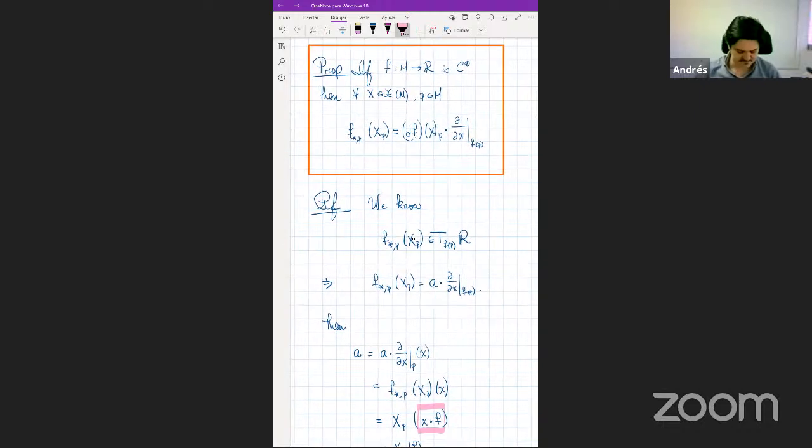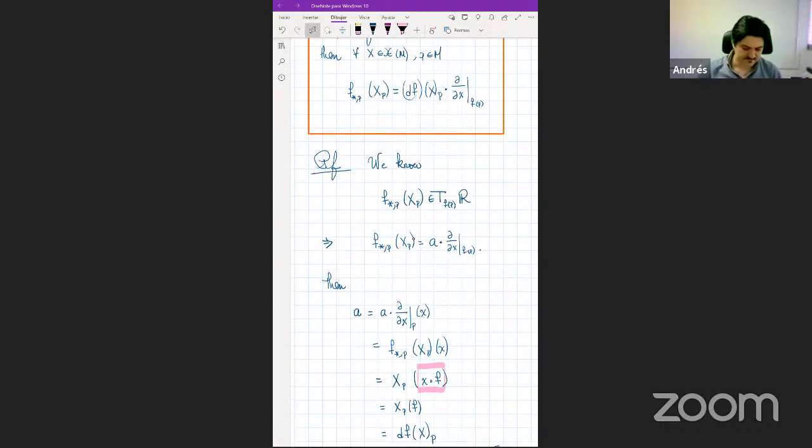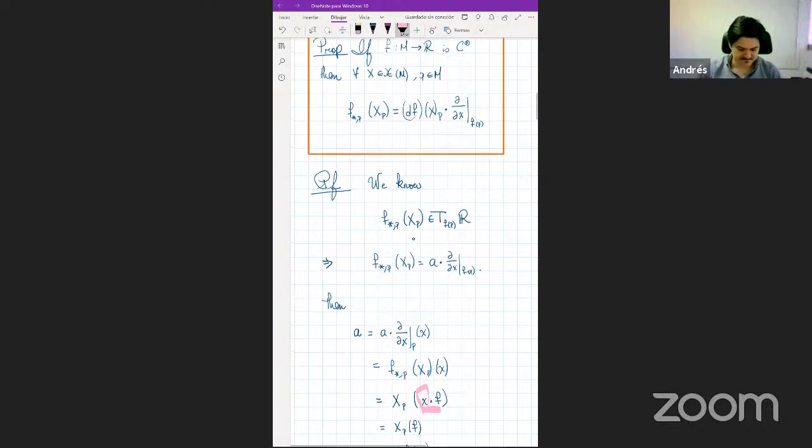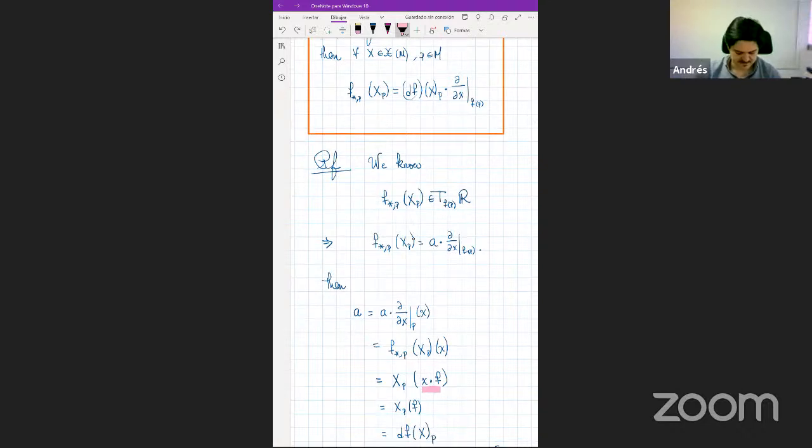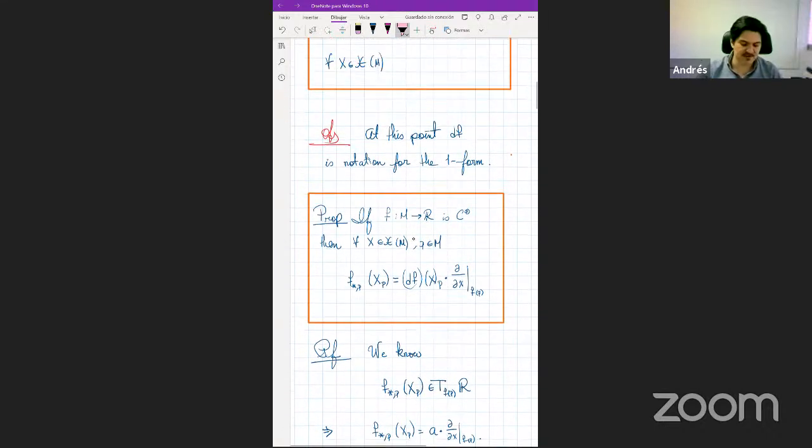Thus, I have this, right? Because x is given by the chart on the reals here. So I get this, but this is precisely our definition of the one form df. Remember the definition here.